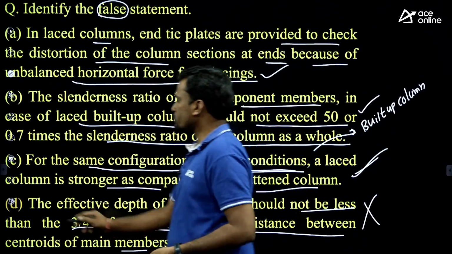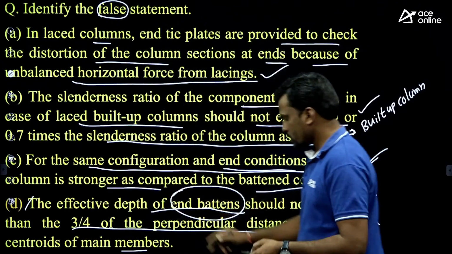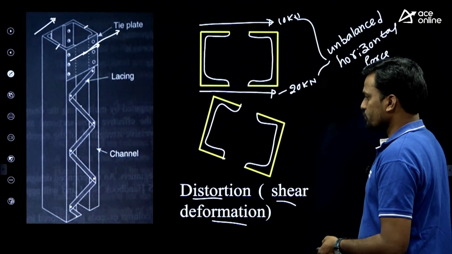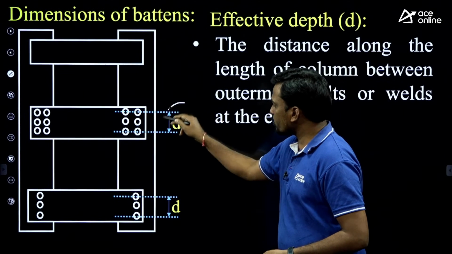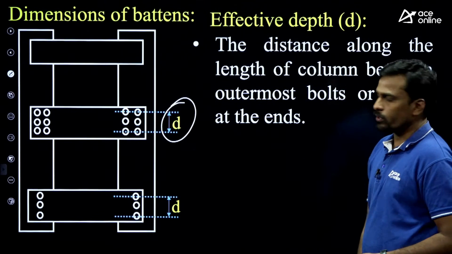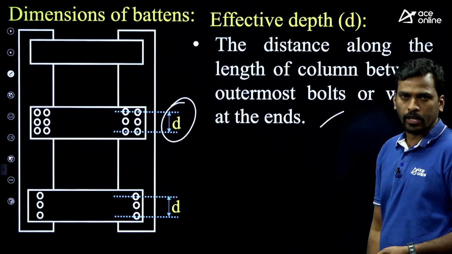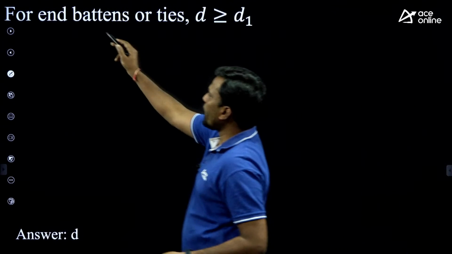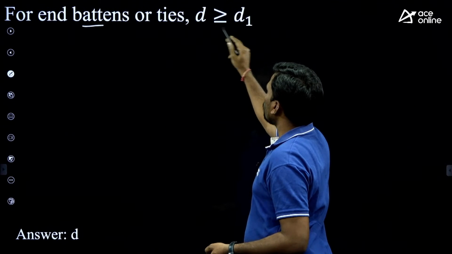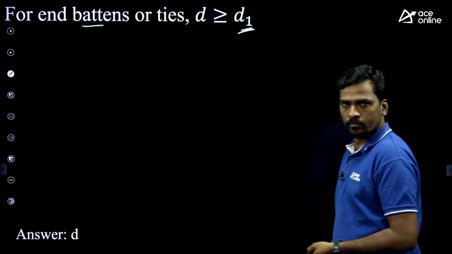Then option D. I'll show these codal provisions. If you see these codal provisions, this is the effective depth he is asking, and this definition I gave, effective depth of batten. So for end battens, what is the effective depth value? D1.